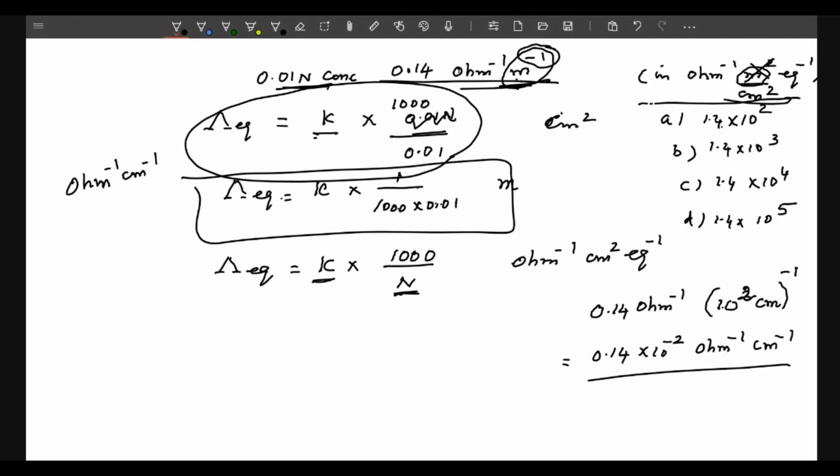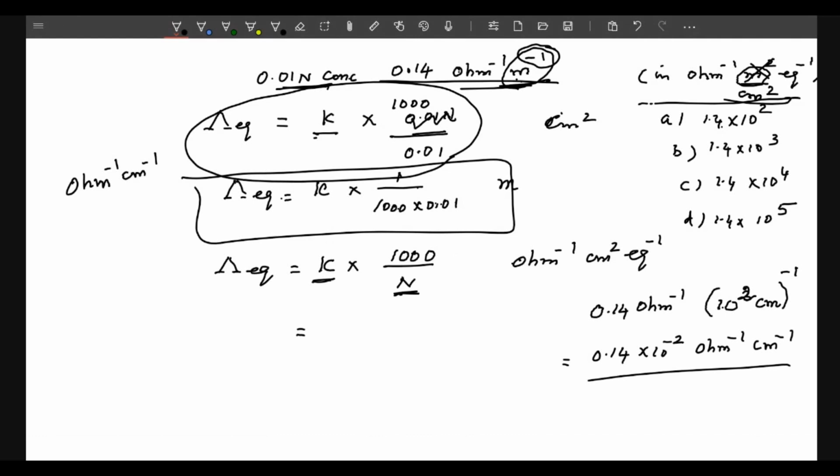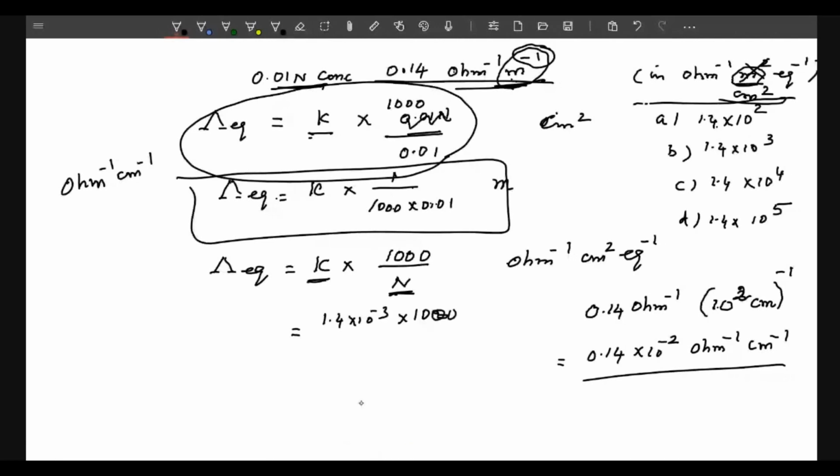Then substitute in the equation: 1.4 into 10 power minus 3 into 10 power 3 divided by normality 0.01. This and this cancel. What is the correct answer? 1.4 into 10 power 2.